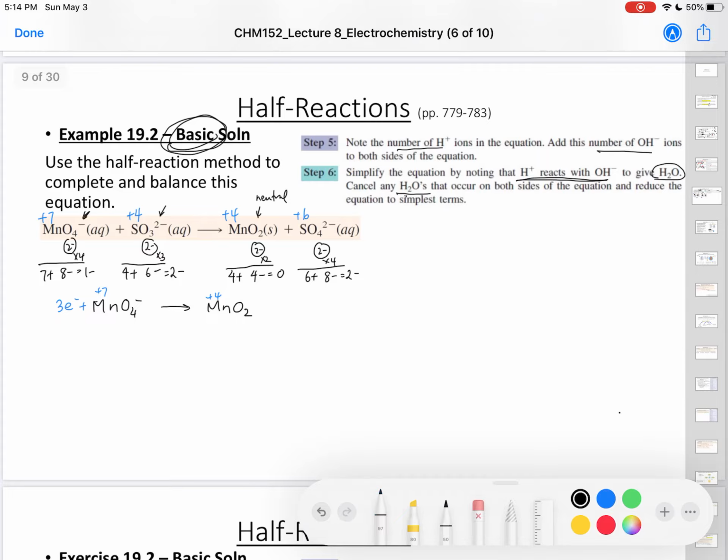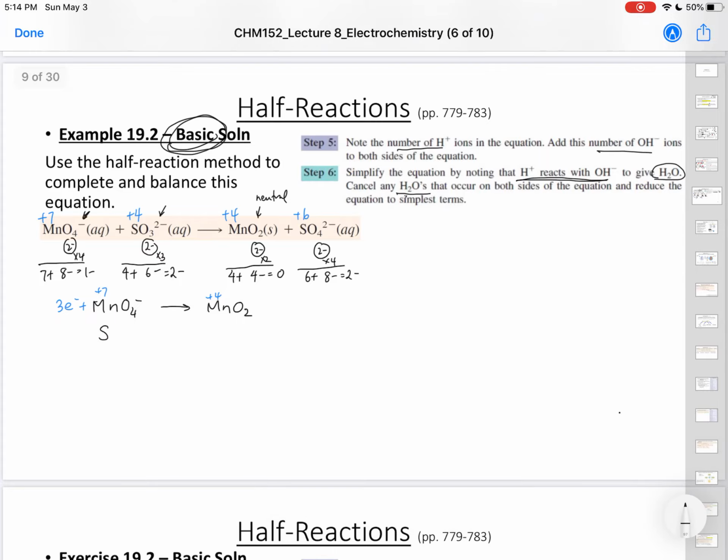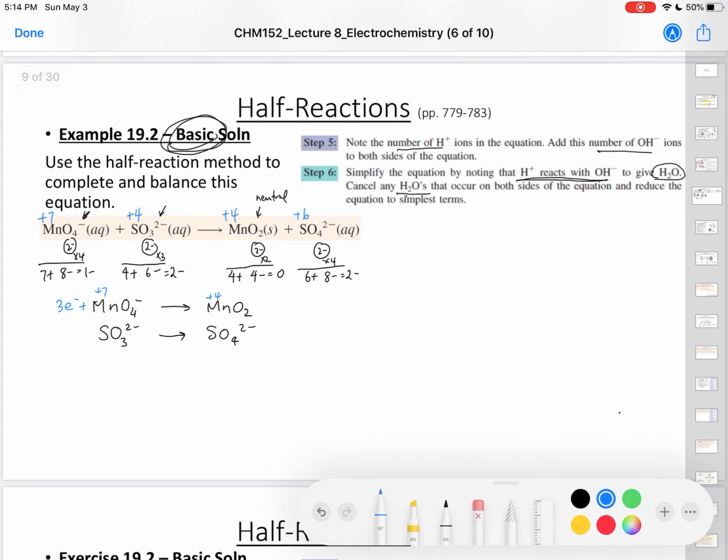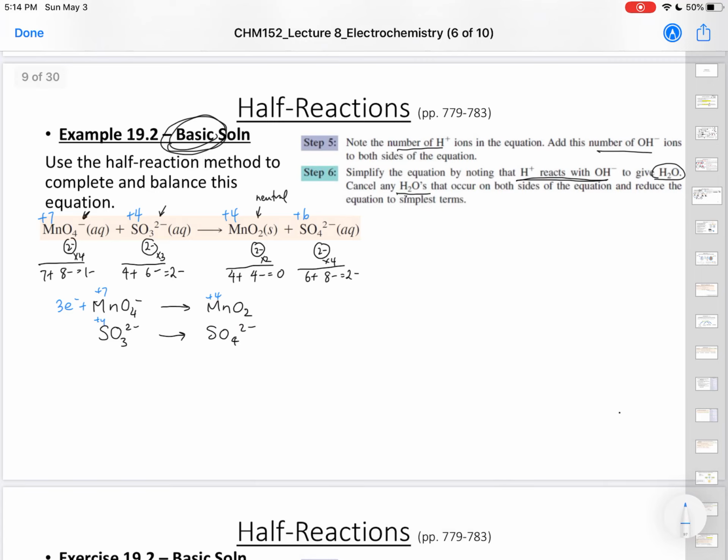Next, we're going to do the sulfur, so SO3 2 minus and SO4 2 minus. Keeping track of the oxidation state of the sulfur, we've got a 4 plus here and a 6 plus here, so we have to have 2 electrons on this side. 2 minus 6 plus gives you 4 plus.